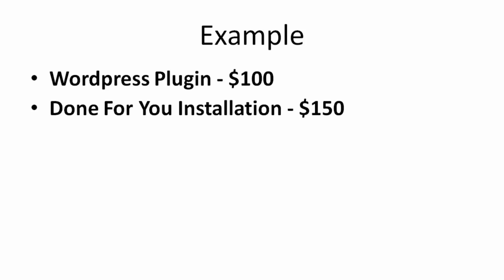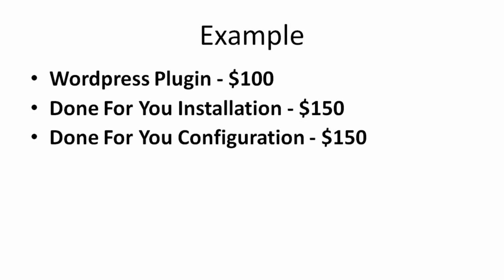But instead of charging them an extra $150, you can say, if you just buy it today, we'll install the WordPress plugin for you. My WordPress programmer will install it for you. He'll configure the plugin to the best of your website, so you don't have to.